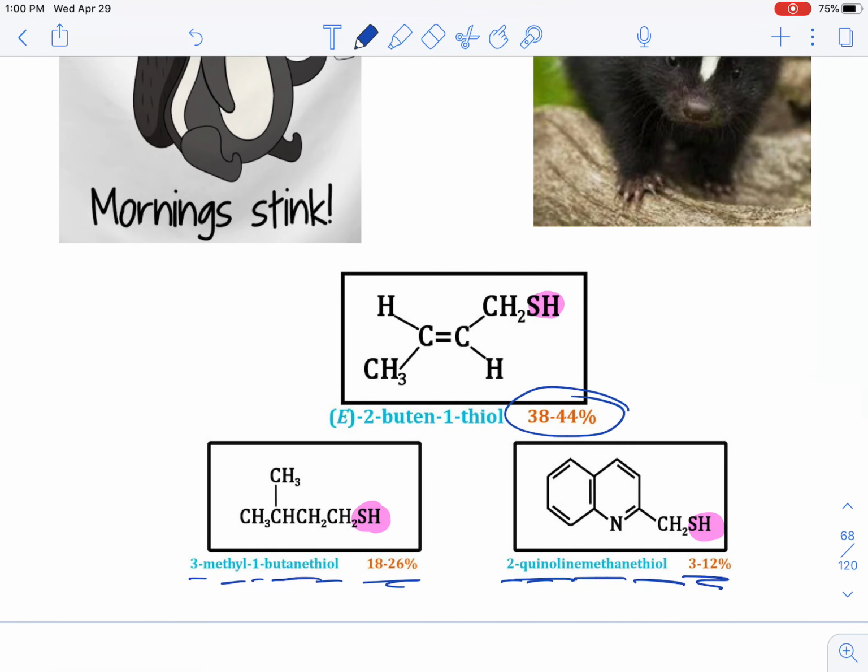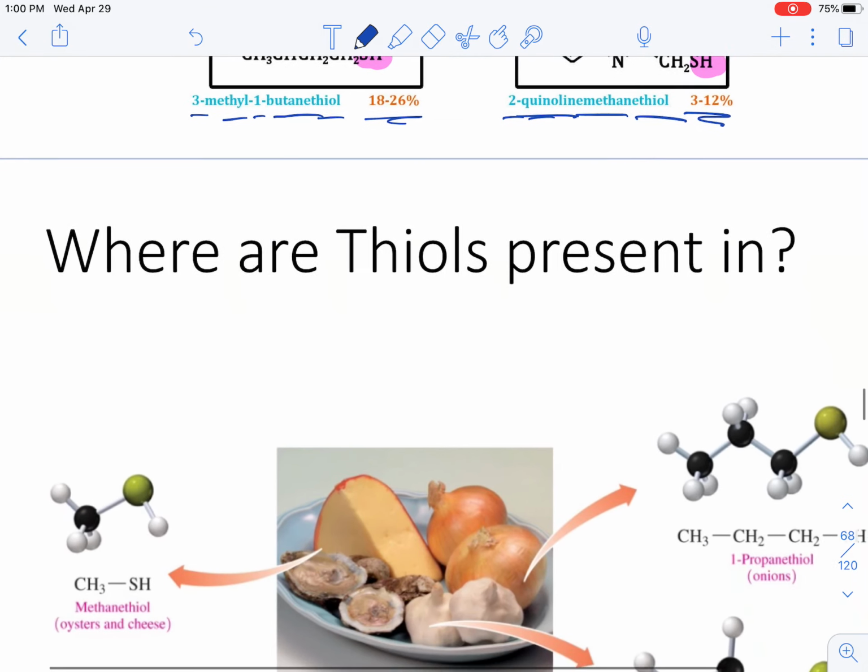Typically when we discuss thiols or sulfhydryl groups, they produce strong odors in terms of aromatic compounds.